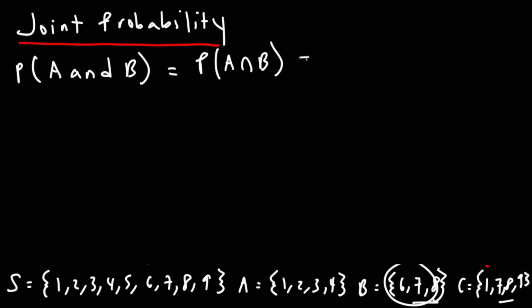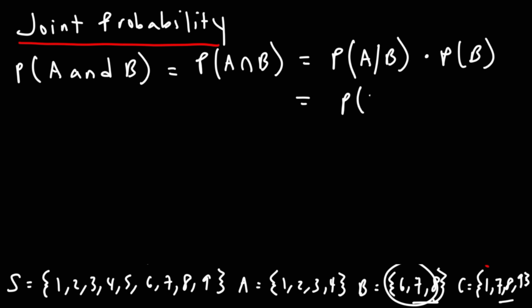So the probability that event A and B will occur together is equal to the probability that event A will occur given that event B has already occurred times the probability of event B occurring. It's also equal to the probability that event B will occur given that event A has already occurred times the probability that event A will occur. So those are the two ways in which you can calculate the joint probability.